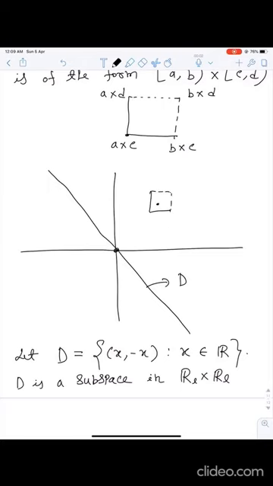Even if we have a point very close to the diagonal, we can still find a rectangle.